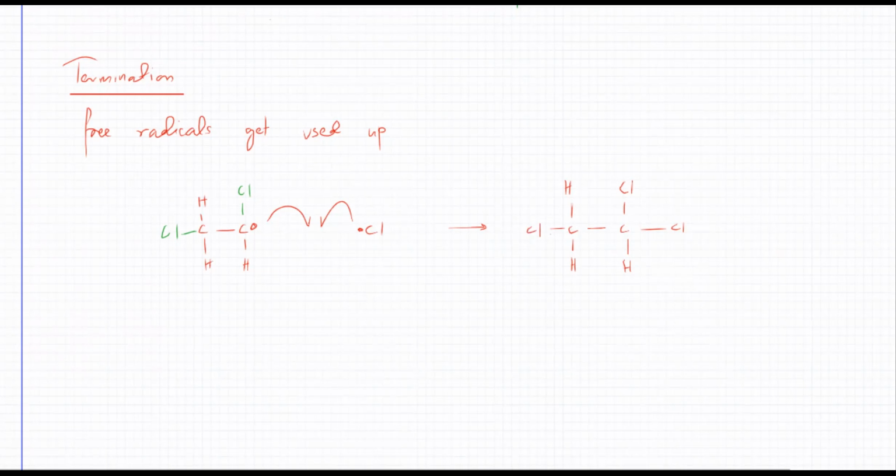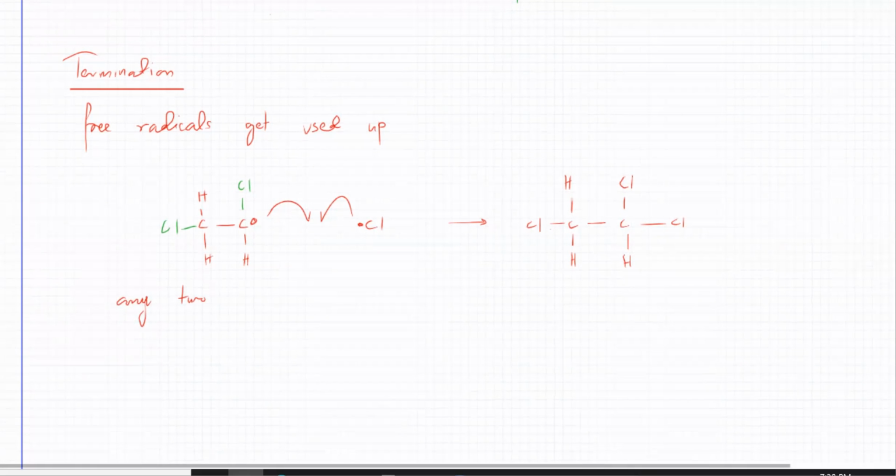2 free radicals react. Any 2 free radicals in any of the previous steps might get in touch with each other, and both of them are looking for bonds. So any 2 free radicals are going to combine.